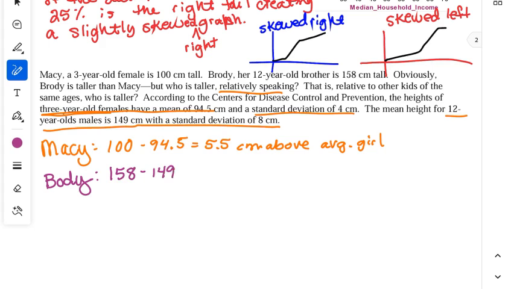Brody is 158 centimeters compared to, let me fix that, 149. So that's 9 centimeters above average boy, same age. So that's kind of hard to compare. We're not going apples to apples. We're doing boys, girls, and a particular age. So what we're going to do is consider the typical deviation from the mean. So we'll look at Macy.